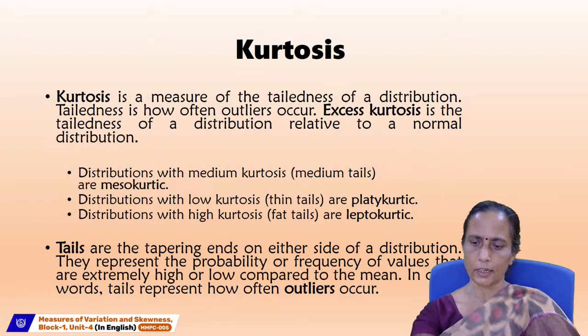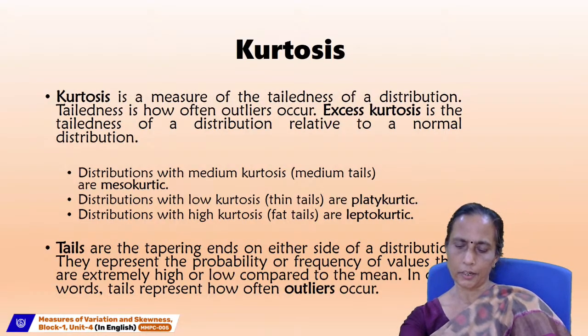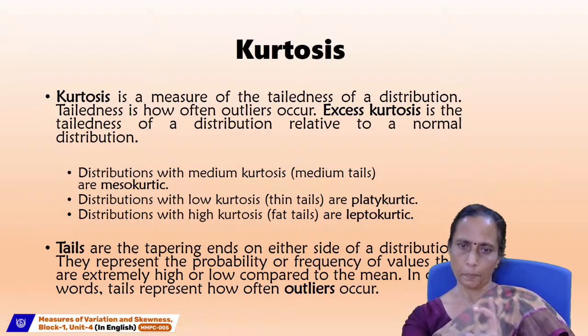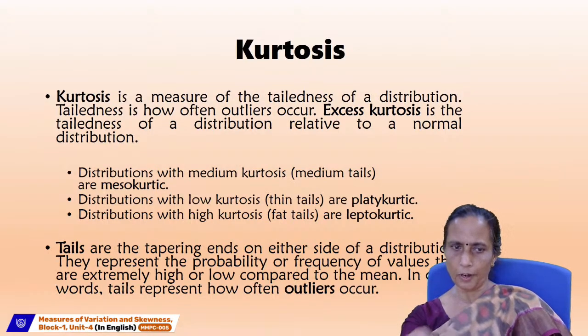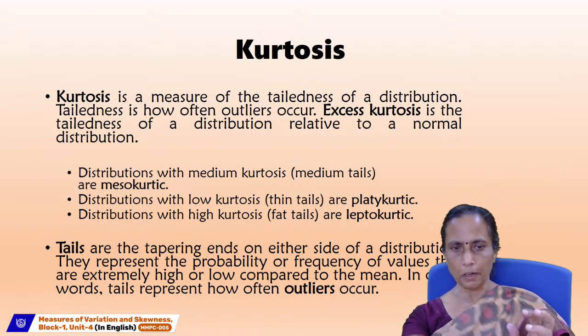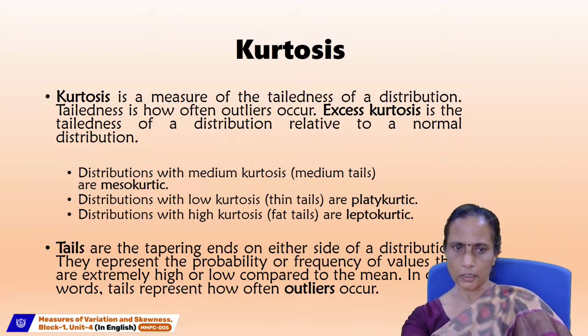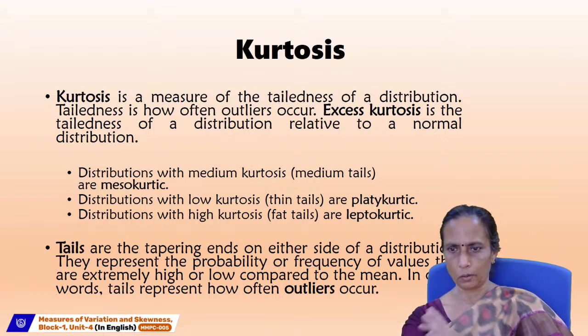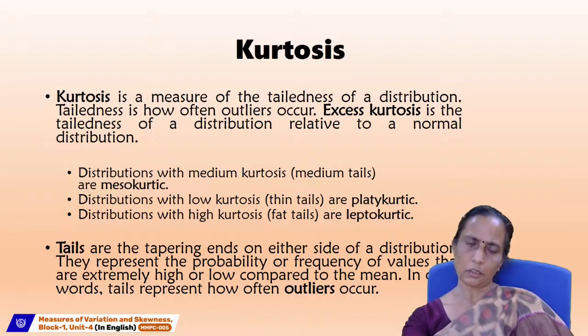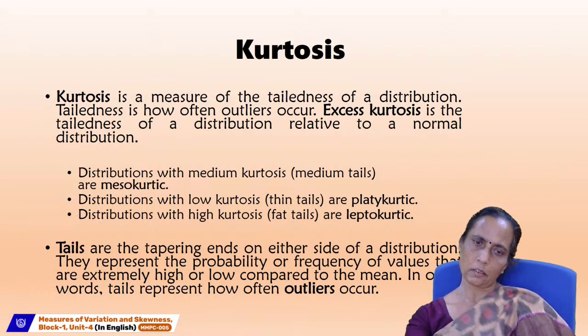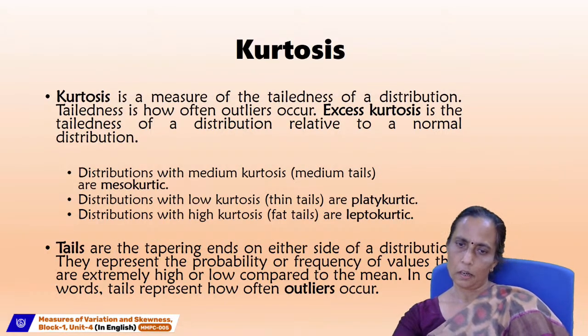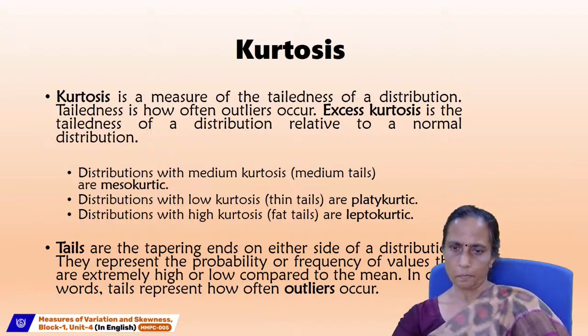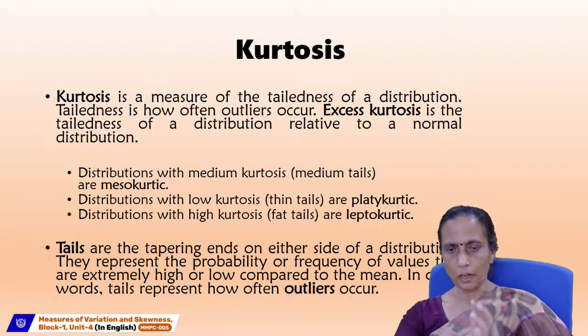So tails are the tapering ends on either side of a distribution. They represent the frequency of values that are extremely high or extremely low compared to the mean. In other words, the tails represent how often outliers occur. By outliers, I mean exceptional data.